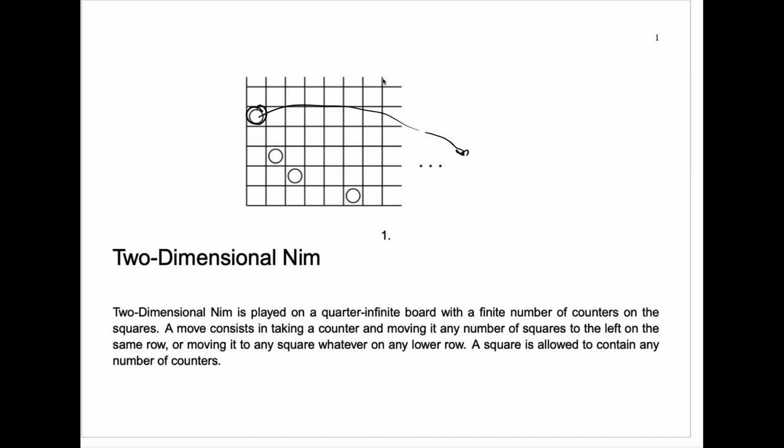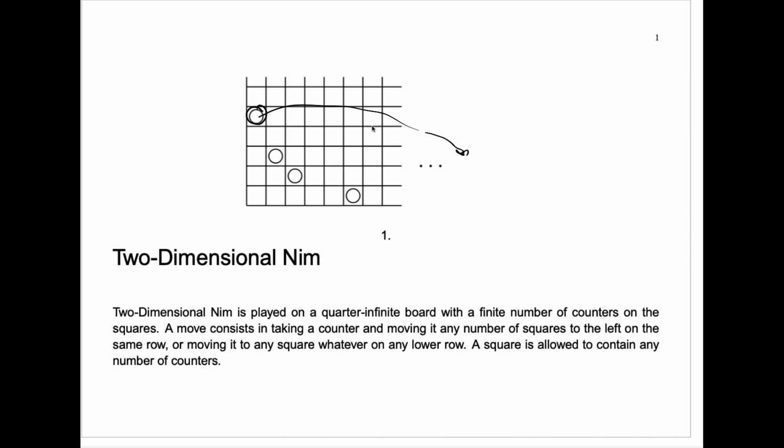However, it is a progressively finite game. The game will end eventually, no matter what. In each move, look at the highest counter, it either moves to the left, closer to the end there, or it moves to a lower row. Eventually, the counter in the highest row will move all the way to the left and will be forced to move to a lower row. It might be way off to the right, but it will be in a lower row.